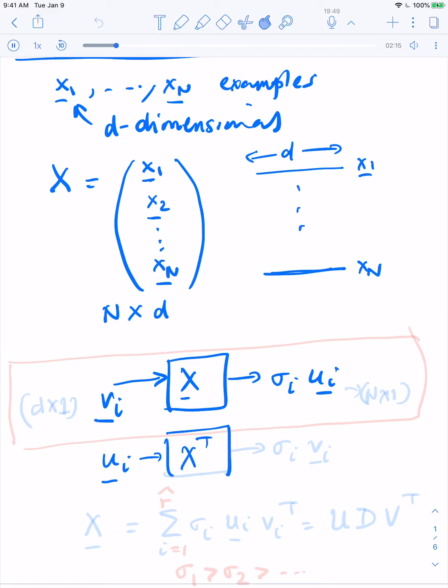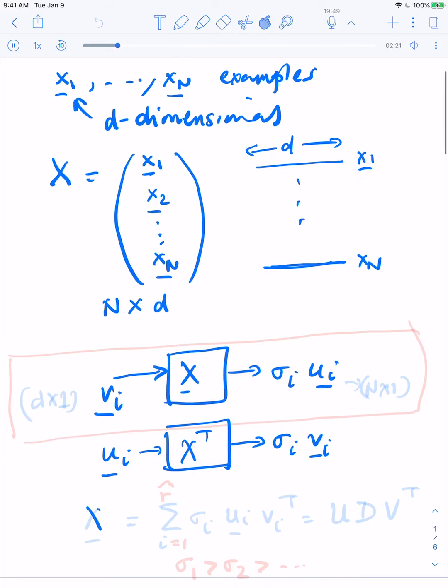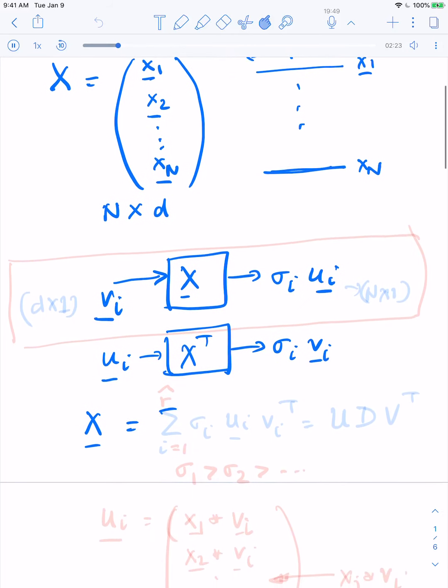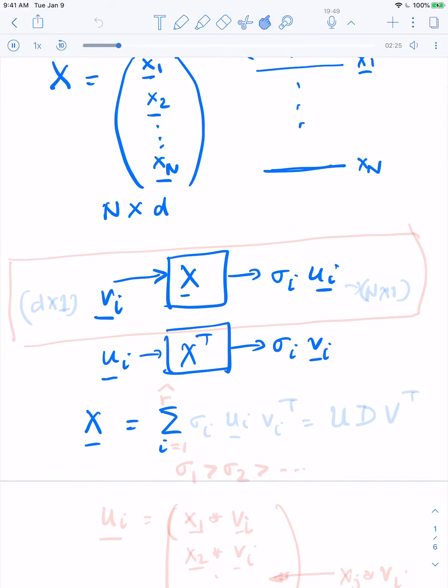When ui goes through X transpose, we get sigma i vi, and X can be written as summation i sigma i ui vi transpose, which can also be written as U D V transpose, right?